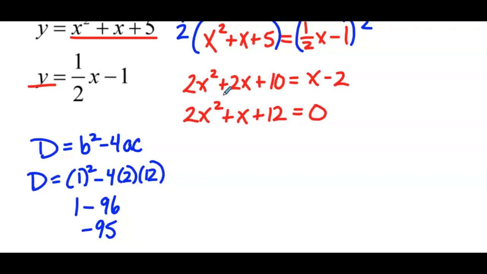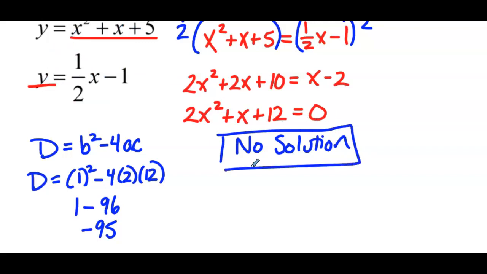And if we can't even use the quadratic formula because the discriminant is negative, that means there's going to be no solution. So there's no solution to this equation, which means there's no solution to our system of equations. Okay, so let's run that through again. We found the discriminant and got a negative number.